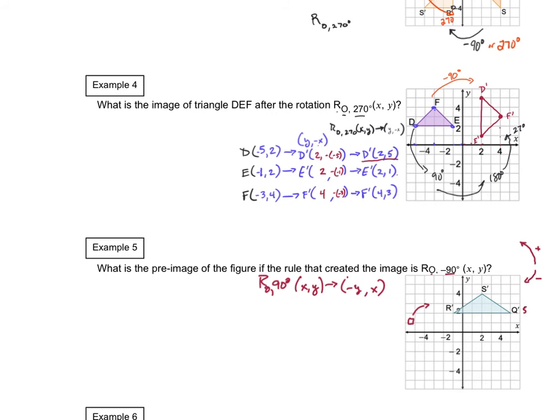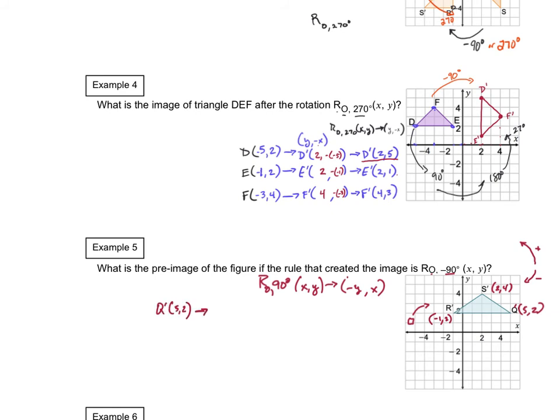Q prime is going to be (5, 2). S prime is going to be (2, 4). And then finally R prime is going to be (negative 1, 2). So when I start here, I have Q prime is (5, 2).